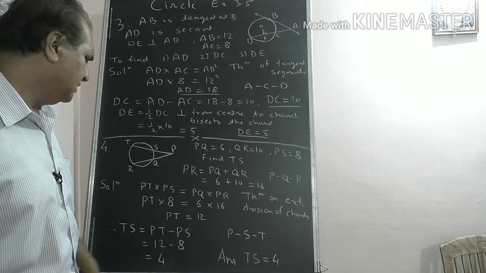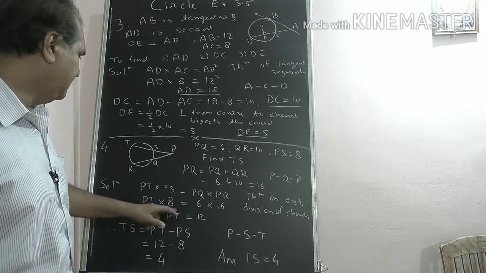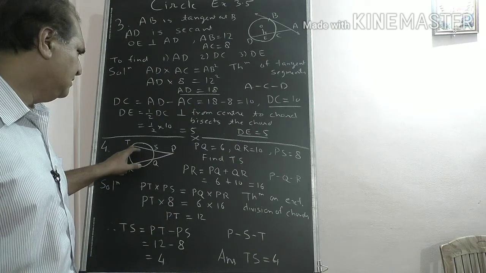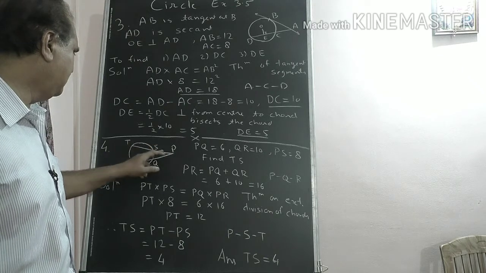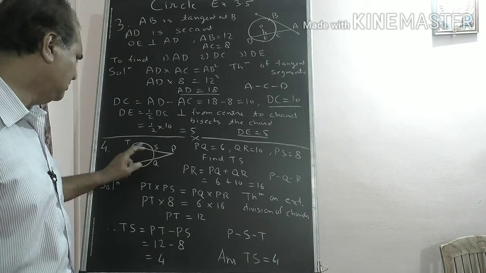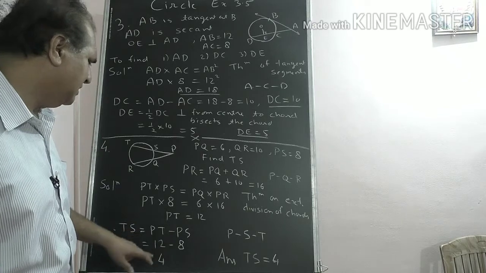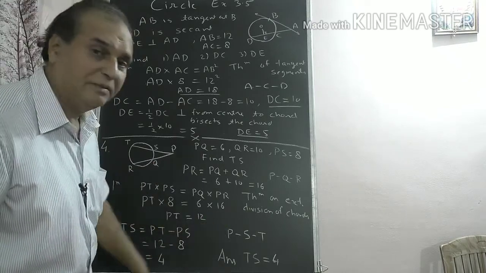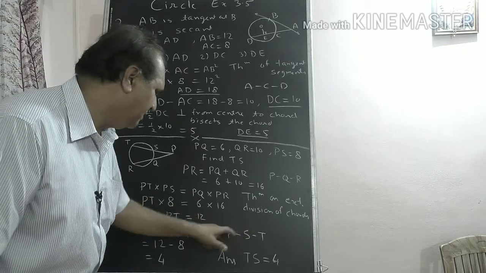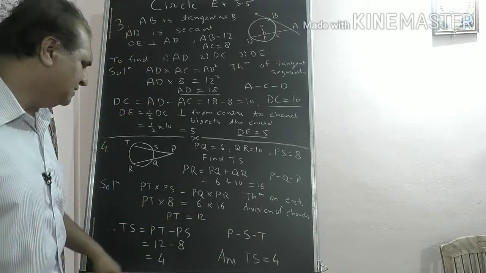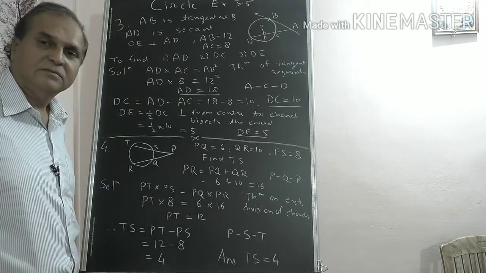So PT we got as 12. If PT is 12 and PS is 8, then PT minus PS gives you TS. TS is PT minus PS, reason: P-S-T. Between these you have to write. Getting? So TS is PT minus PS, 12 minus 8, 4 is the answer.